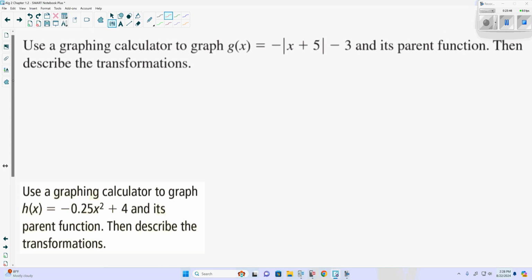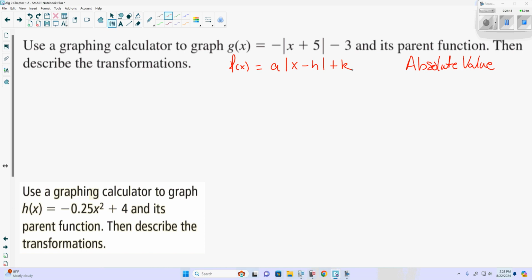So this one here is absolute value. Well, we have something that has a place for a, h, and k. We have all three, yes?